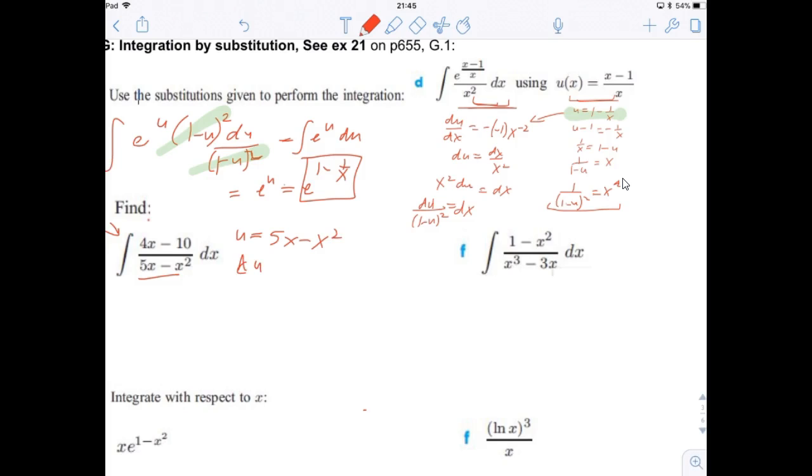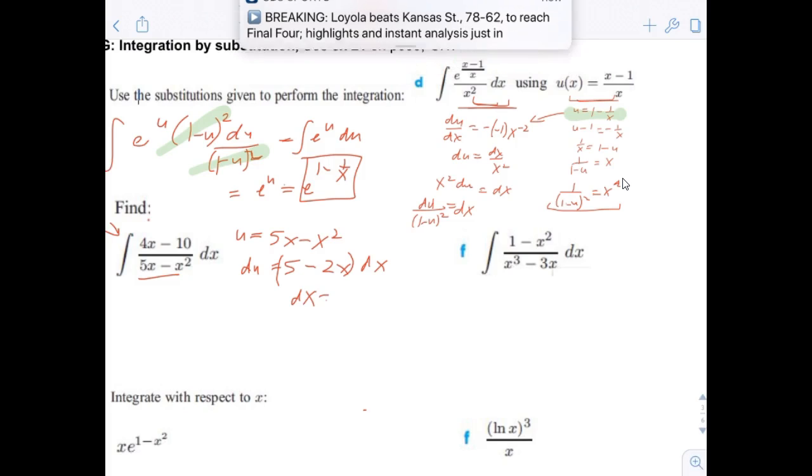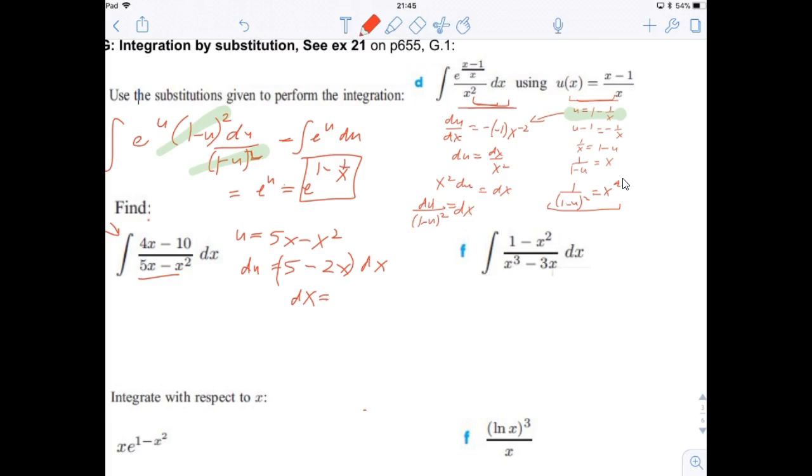du dx is equal to 5 minus 2x, right? And then I could multiply both sides by dx, so then I would get du equals this times dx. So dx is equal to du divided by 5 minus 2x, right?